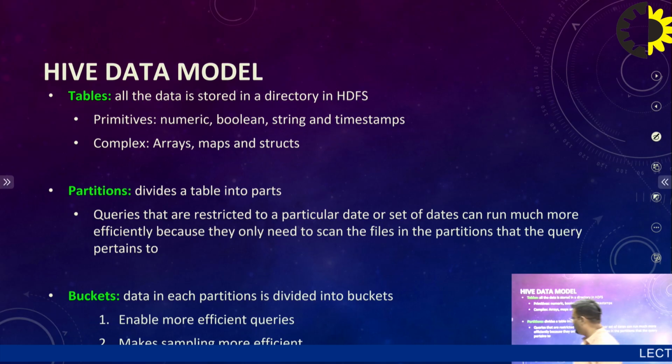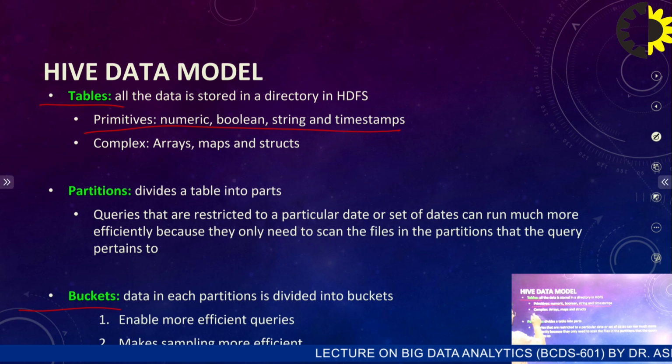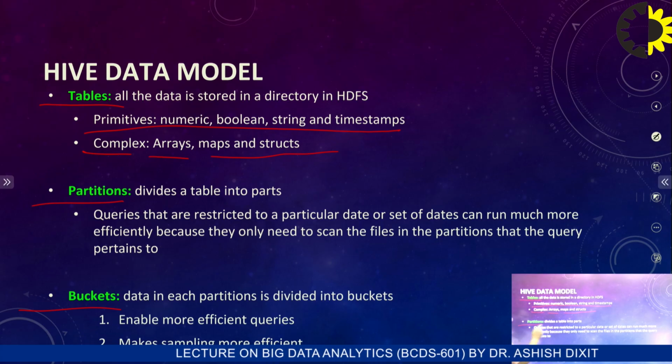Hive data model: here we use three types of data model. First, tables. Here we have primitive types like numeric, boolean, string and timestamp, and complex types like arrays, maps and structs. Next, partitions. A table is divided into parts.